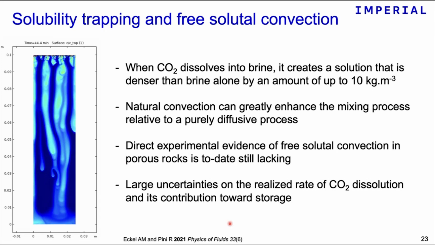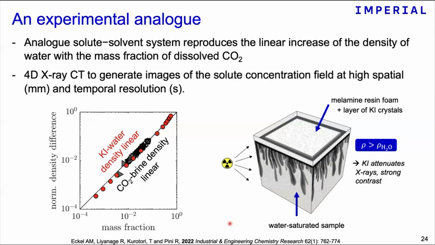So we identified an experimental analog to perform these experiments, particularly an analog solute-solvent pair instead of directly using CO₂ and brine, which however has the same characteristic as CO₂ and brine when it comes to the change in density with the amount of CO₂ dissolved in the system.